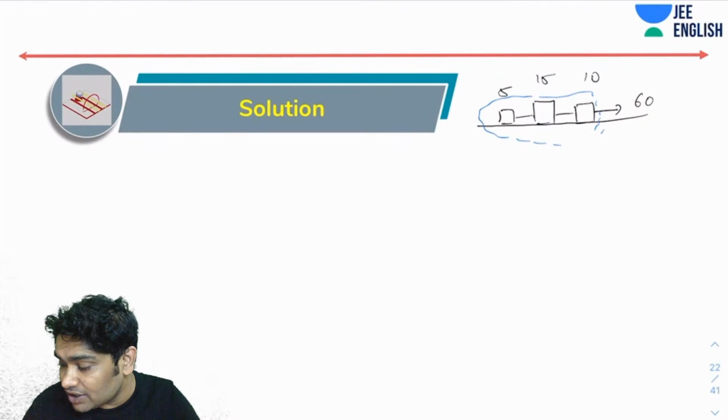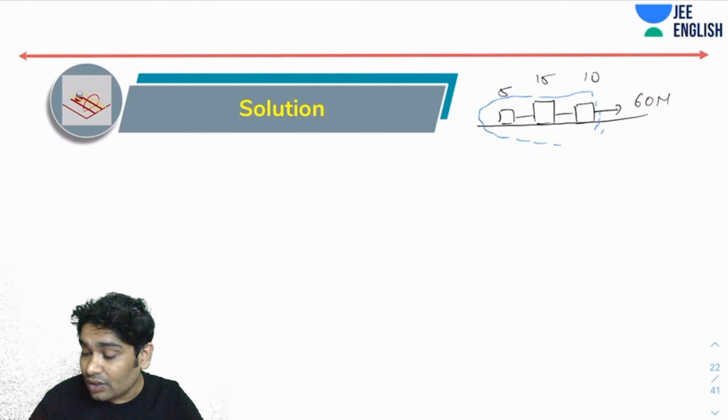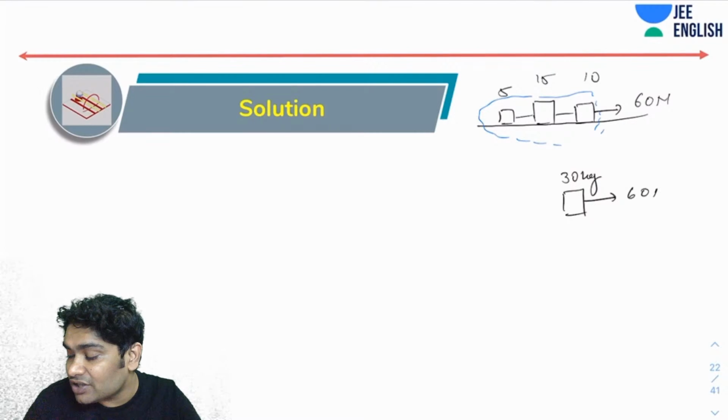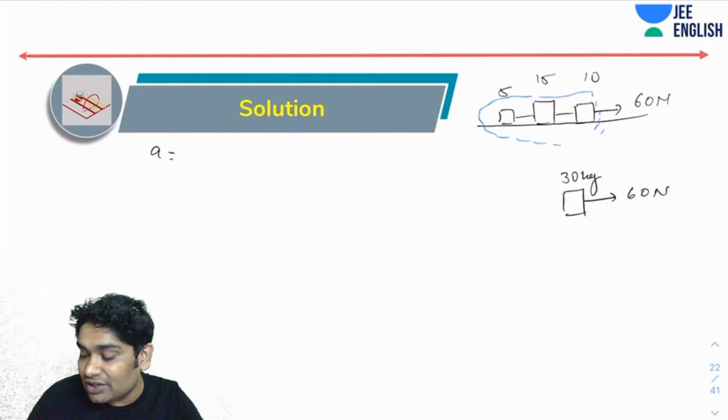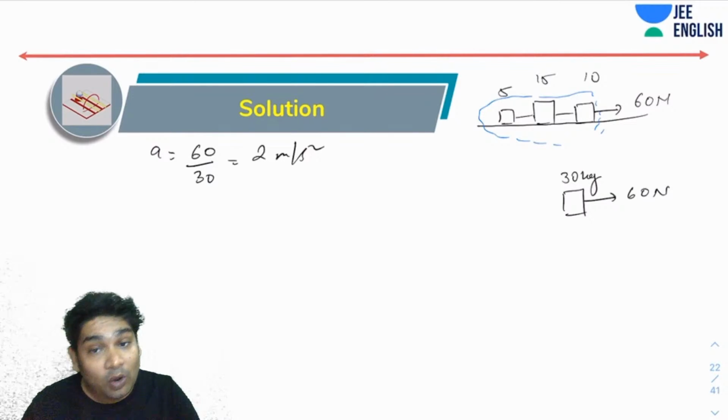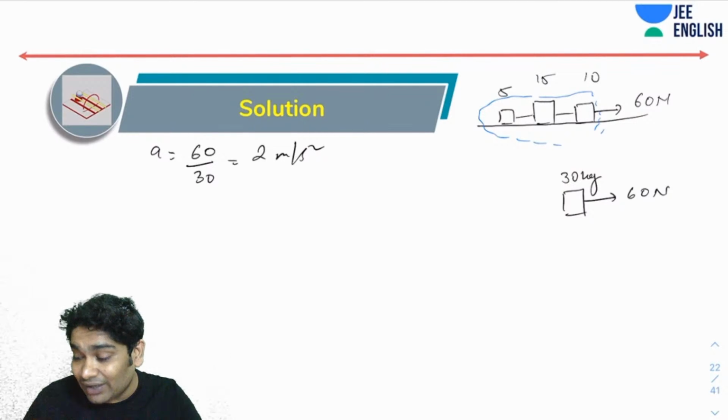So the force here was 60 Newton. So if I consider them as one system, I have a block of 5 plus 15 plus 10, that is 30 kg. And 30 kg is feeling a force of 60 Newton. So obviously the acceleration is 60 over 30, or 2 meter per second square. So the first part is very easy. Alright. How about the second part?